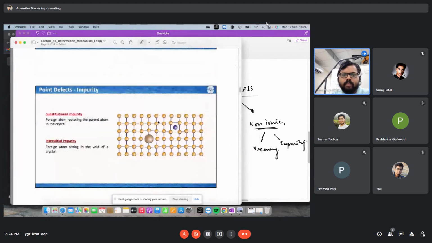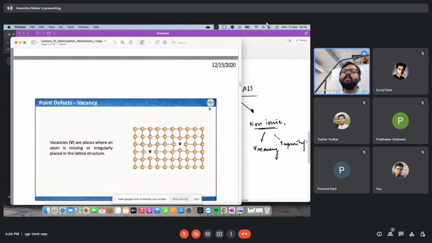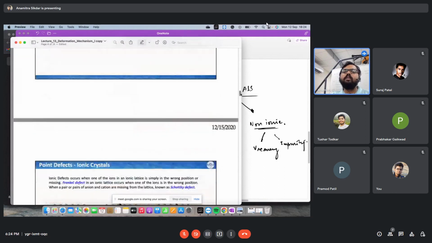There might be a replacement by a foreign material at a lattice point, which will be called a substitutional impurity. If it sits in the interstitial position, that will be an interstitial impurity. And maybe you can have vacancies. So these are different kinds of point defects.